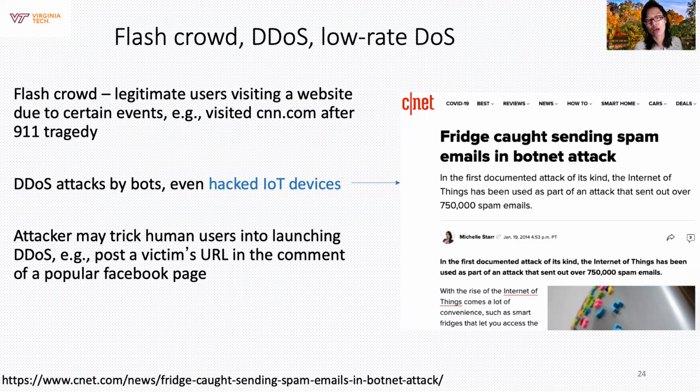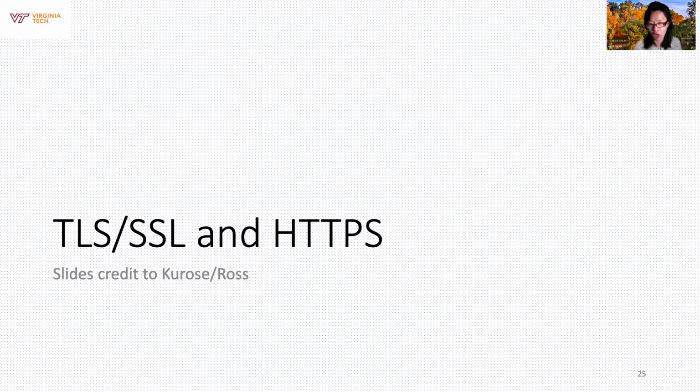And some DoS attacks have actual humans launching the attack unintentionally. Say you post a victim's URL, which has a very narrow bandwidth, on a very popular Facebook page or Twitter, and then that URL gets visited by a huge number of people, causing a flood.